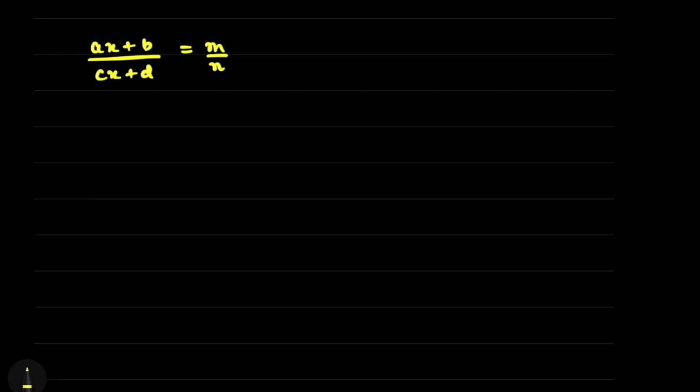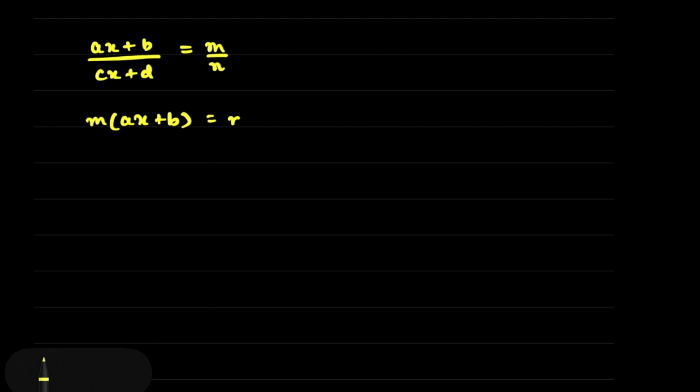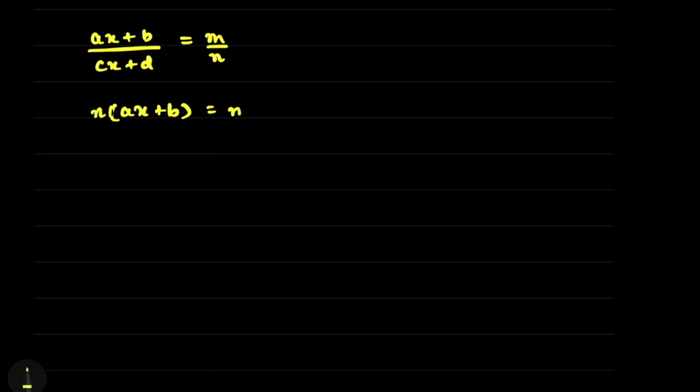So n is multiplied by ax plus b and m is multiplied by cx plus d. So n into (ax plus b) is equal to m into (cx plus d). So anx plus bn is equal to cmx plus dm.